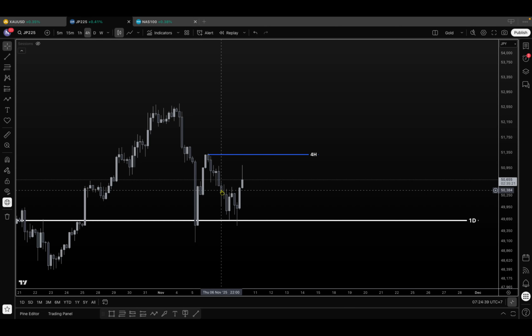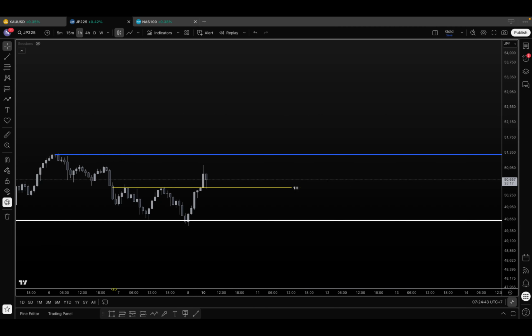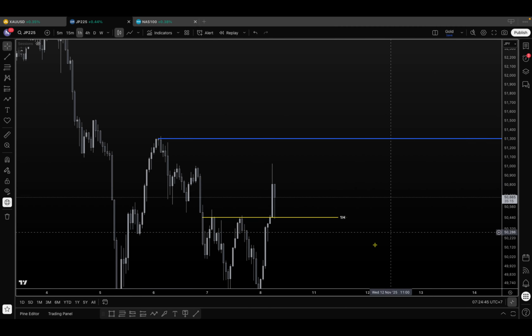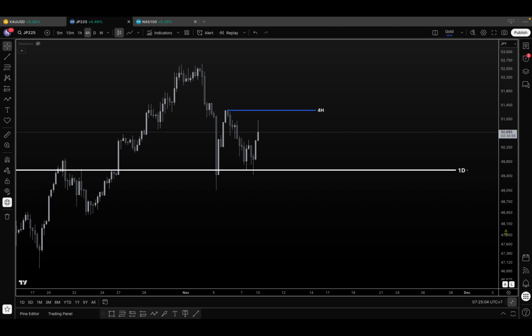So I get into the trade when the price broke this level. I entered when the price broke this level, and recently it's floating positive.